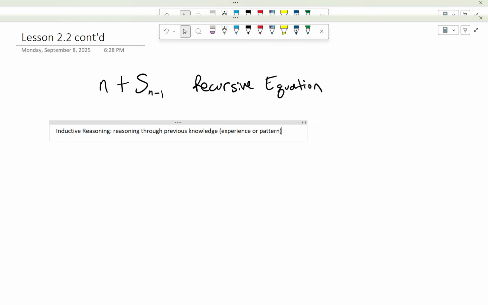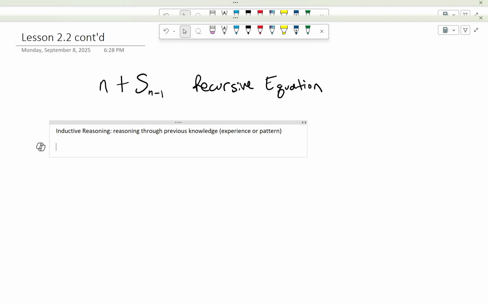It still may be accurate, but we can't be definitive. For example, we had the product of two even integers always being even, and we gave just two or three examples. But the question is, would that be sufficient? How would we know that that's going to actually work out in the future?